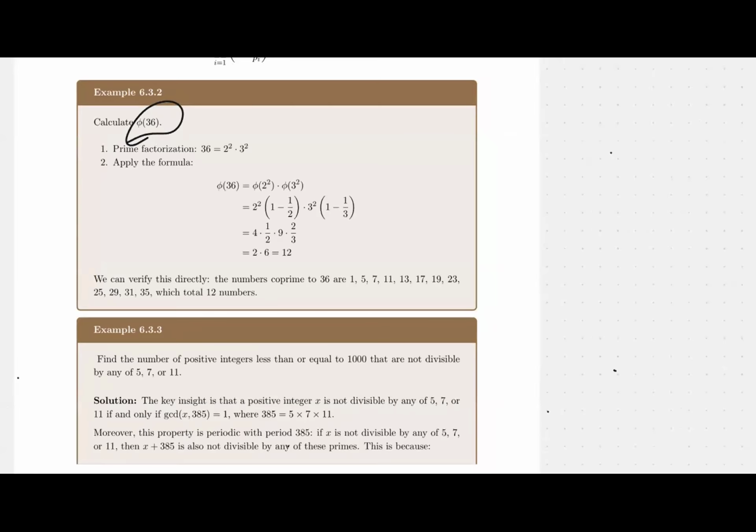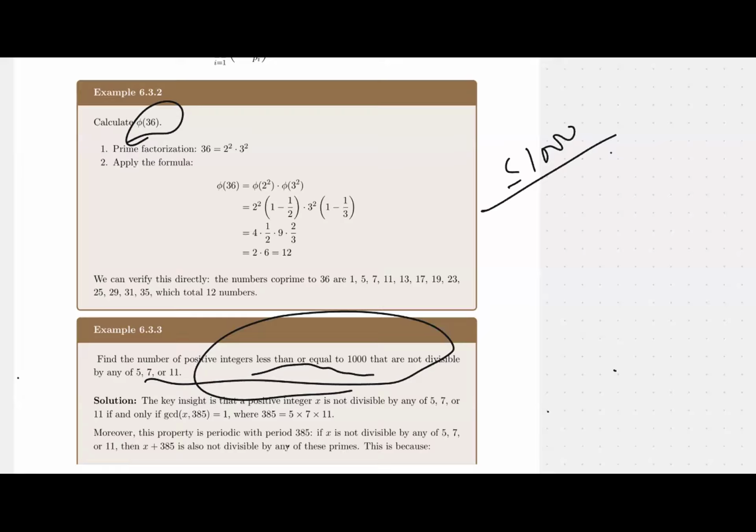Let's assume someone tells you, give us all the positive integers less than or equal to 1000, which are not divisible by 5, 7, or 11. Which means we are looking for all the numbers which are co-prime to all three, 5, 7, and 11, and less than 1000.